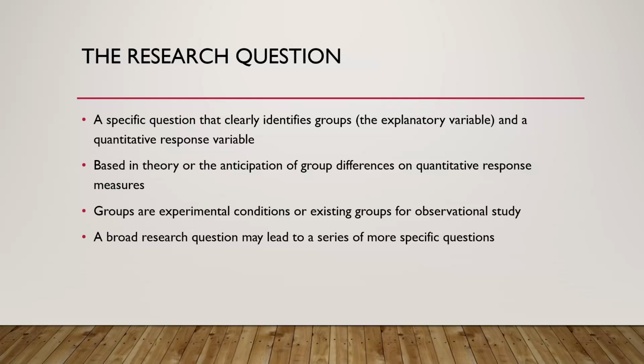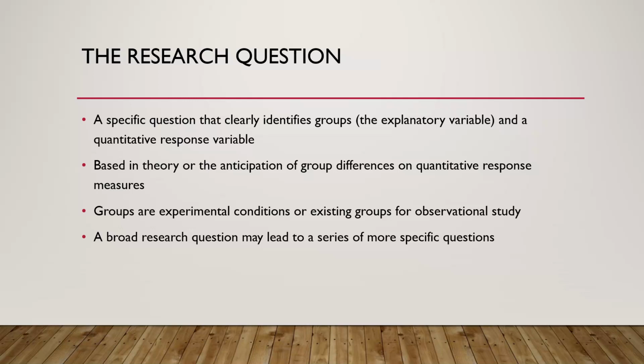Our research question should either be based in theory, which is my preferred way of looking at research questions. Always, it's the nature of science to start with theories, then make hypotheses, and then look at data to see if what you expect is what you actually observe. But we may also, without a theory, anticipate group differences on a quantitative response measure.